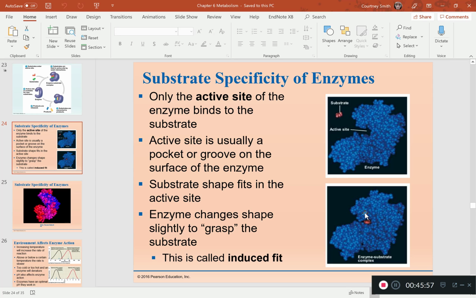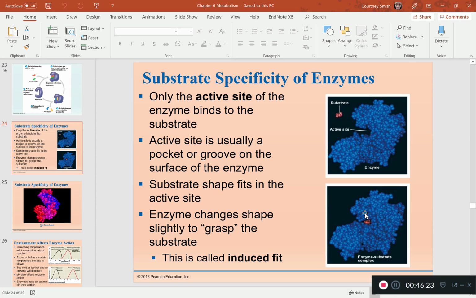And then, like I said, the best, very simple model of explaining it is a lock and key mechanism. Think of your house. If you use your home key on a door like your neighbor's house, it won't work. Your key is like the substrate, the lock on the door is your enzyme.